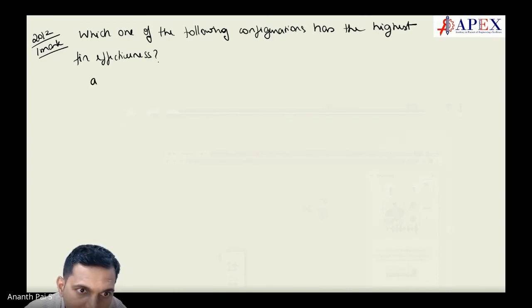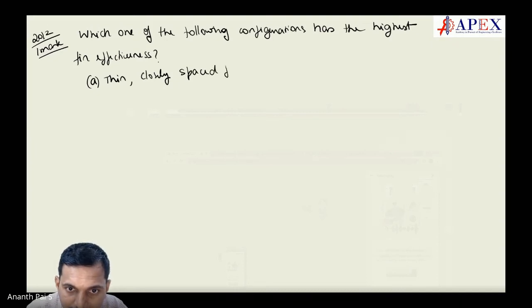This came in 2012. A, thin, closely spaced fins. B, thin, widely spaced fins.